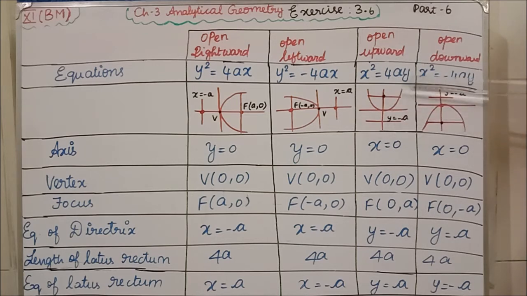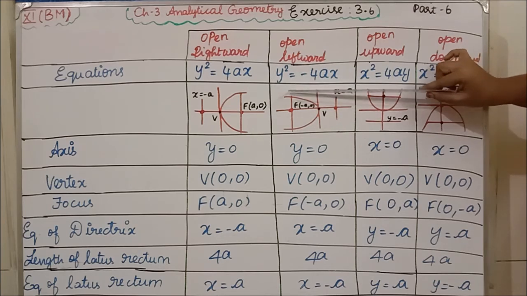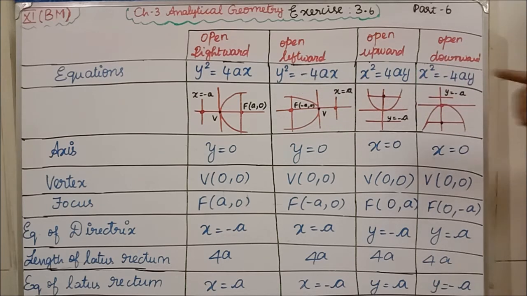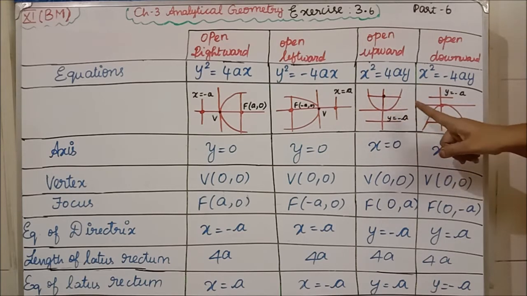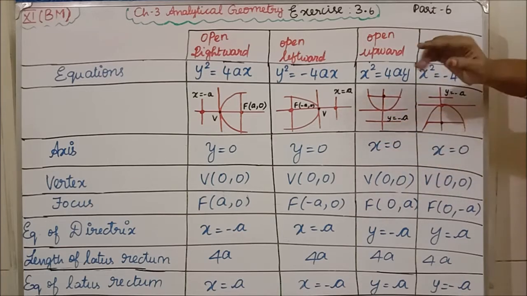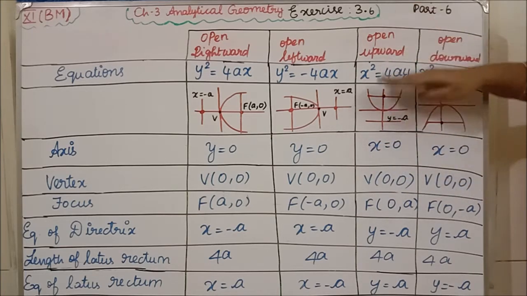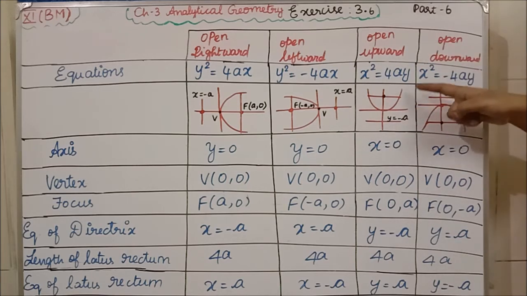Open upward means the formula is x square equal to 4ay. Now this is the fixed line. This is the focus, and this is the latus rectum. The vertex is 0 comma 0. On this side the y values will be negative, and on this side the y values will be positive. So the focus will be 0 comma a, because we are drawing the parabola along the y-axis.